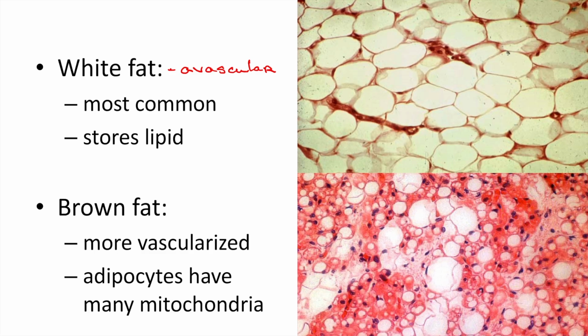Versus brown fat, which is a current area of research, is much more vascularized. The adipocytes have many more mitochondria, and it's thought this is primarily used for heat and metabolism, because it's much more metabolically active.